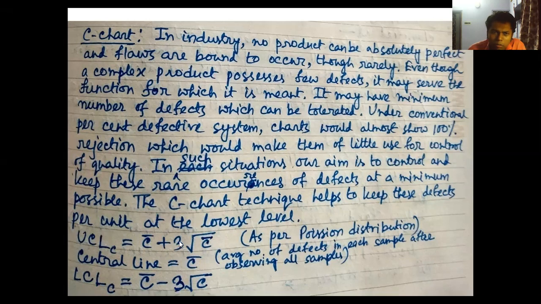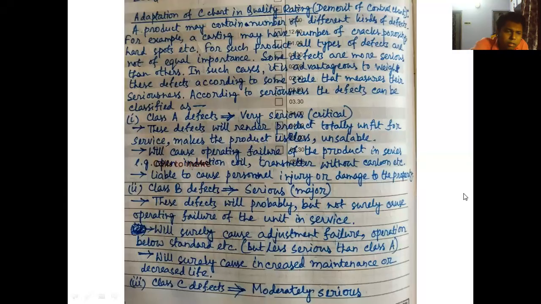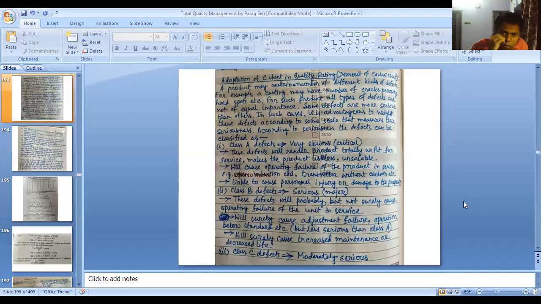So what is that root under C bar? It is actually the standard deviation, and in case of Poisson distribution, the standard deviation is given by the root under mean.